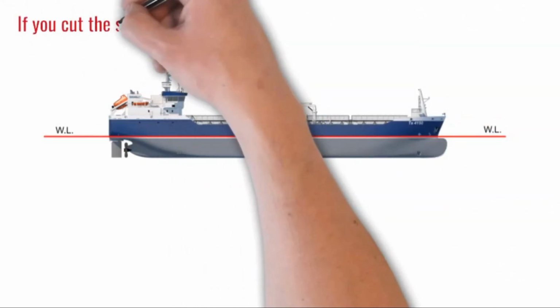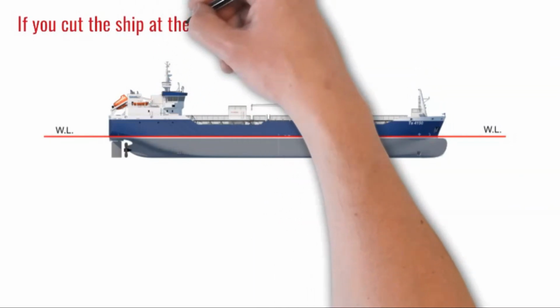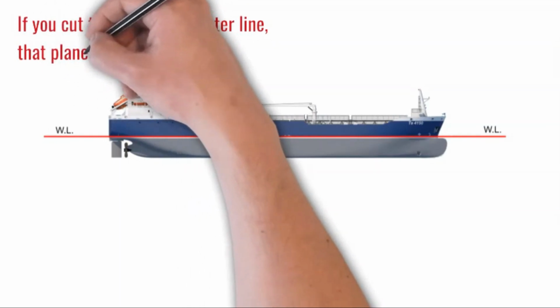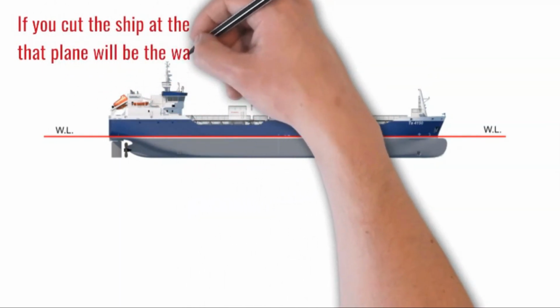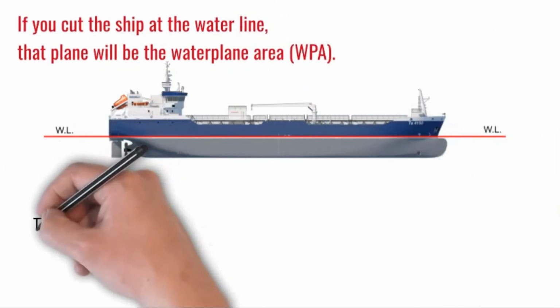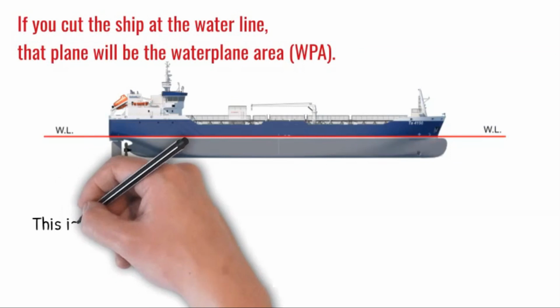If you cut the ship at the waterline, that plane will be the waterplane area, WPA. This is the waterplane area.